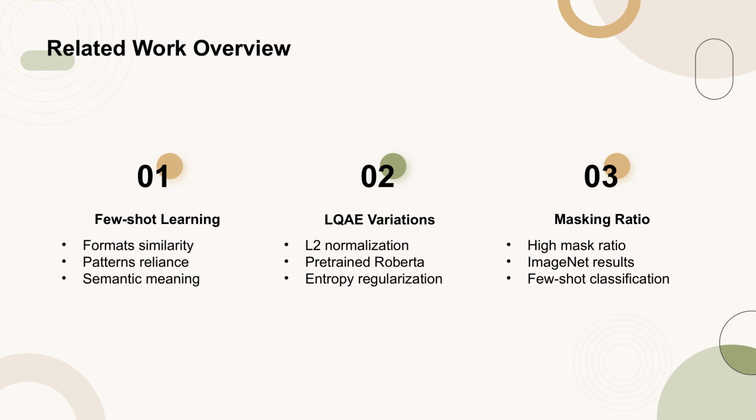Additionally, variations and ablations of the Language-Quantized AutoEncoders, LQAE, have been evaluated, particularly focusing on the importance of components like L2 normalization, the use of a pre-trained Roberta model, and the impact of entropy regularization. Furthermore, a higher masking ratio has been identified as crucial for achieving good downstream performance in tasks like ImageNet linear classification and few-shot image classification.